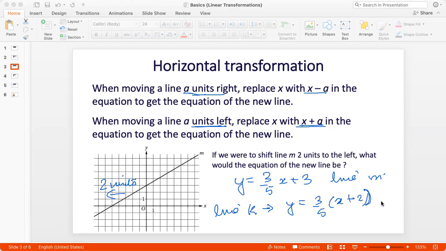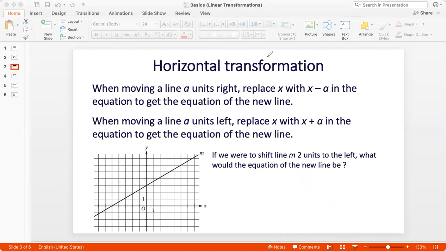I would replace x with x plus 2. So that would be y is 3 by 5x plus 6 by 5 plus 3, which is 3 by 5x plus 21 by 5, right? So this would be the equation of line K, the line that you get by moving line M 2 units to the left.